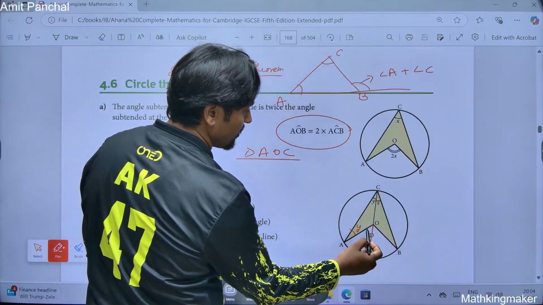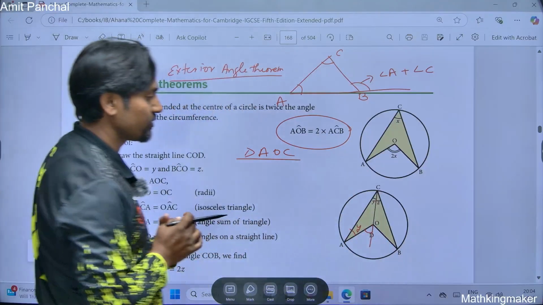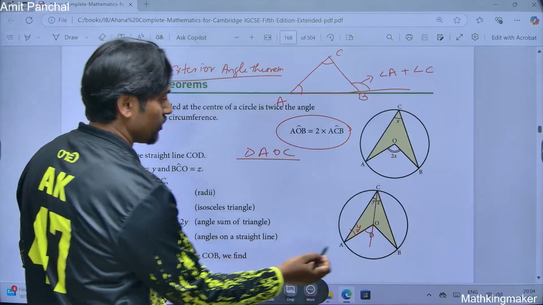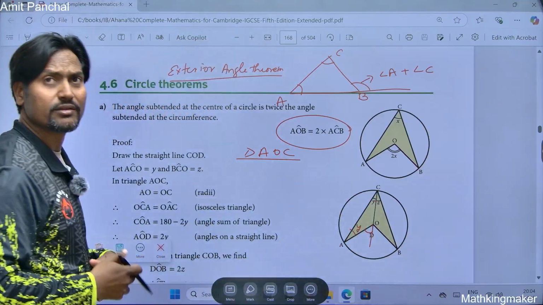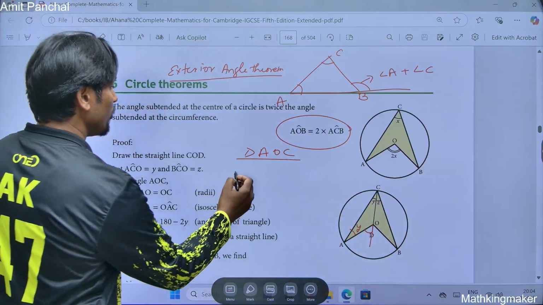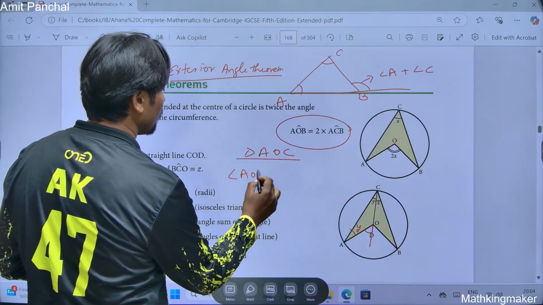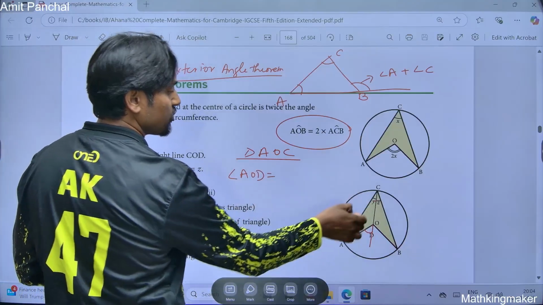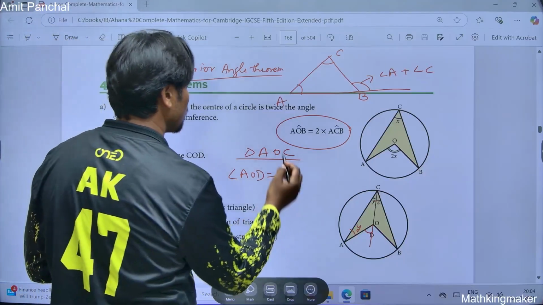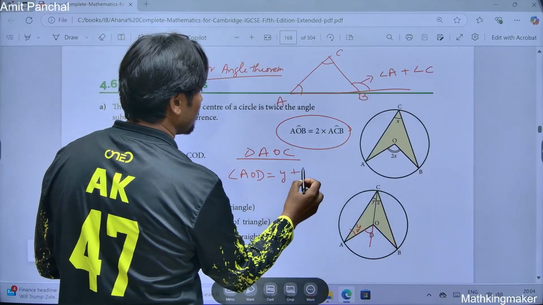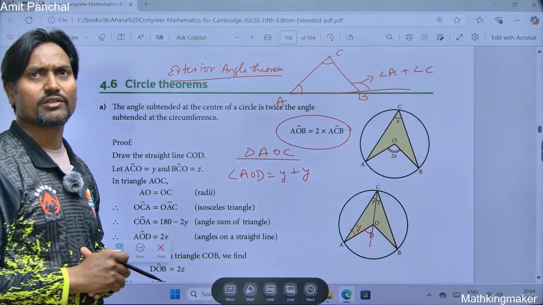What will be the exterior angle? The exterior angle will be this one, AOD. You take it as D, so AOD will be your exterior angle. So angle AOD will be equal to Y plus Y by the exterior angle theorem.